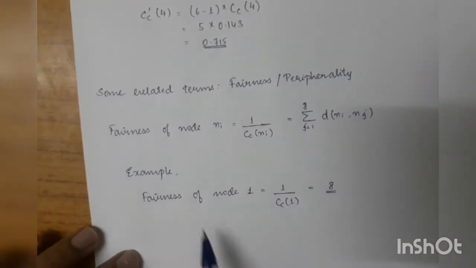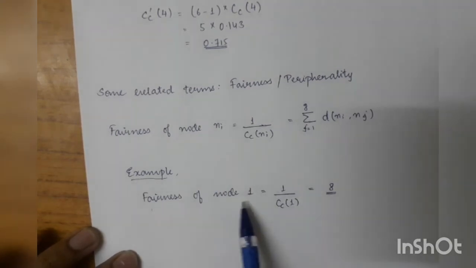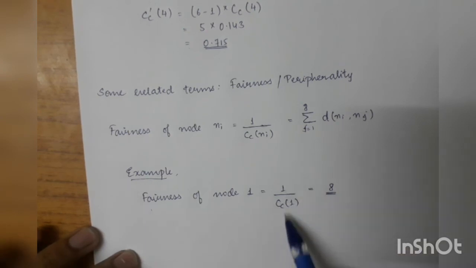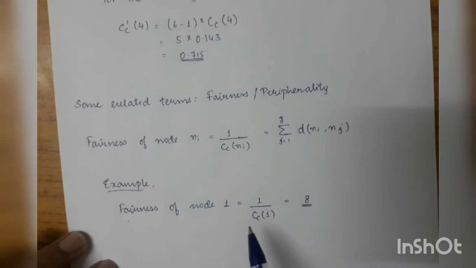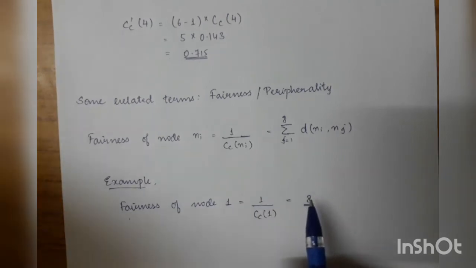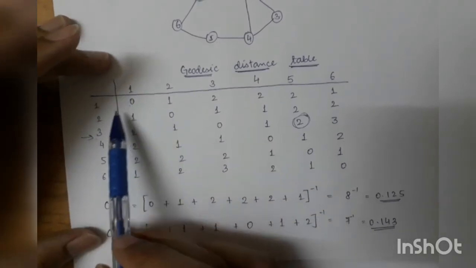Taking an example for finding the fairness of node 1, it will be given by 1 by CC of 1, which is nothing but the summation of the shortest distances of all nodes from node 1. We had already found all of these shortest distances in this graph.